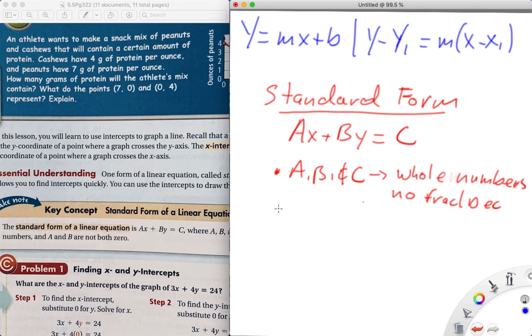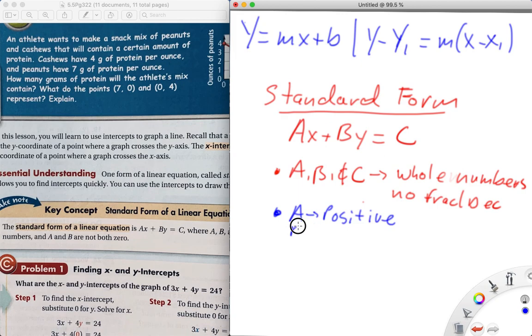Number two, a, in most cases, I haven't seen it where it's not the case, but a is usually positive. It's a positive number. Always.